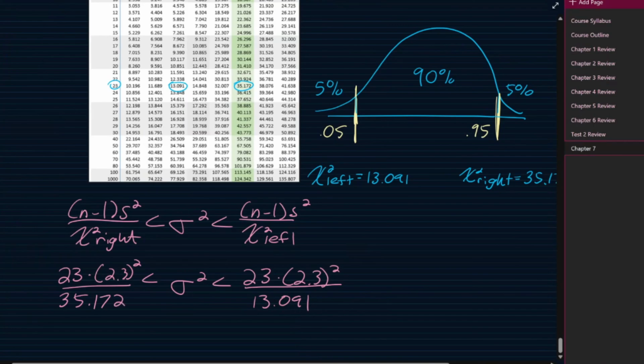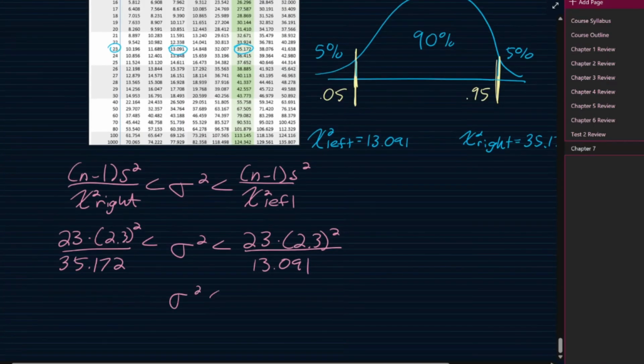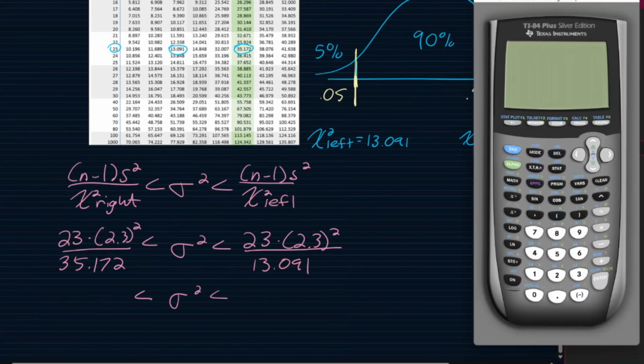And then we just got to calculate them. So what's this numerator? 23 times 2.3 squared, which is 121.67. And then divided by 35.172. So our left side is approximately 3.46. Let's go to two decimals.